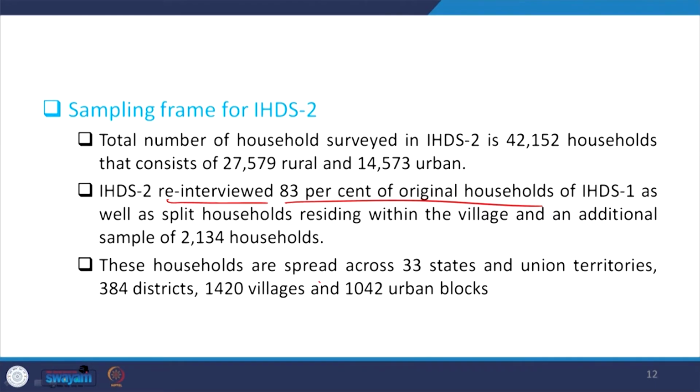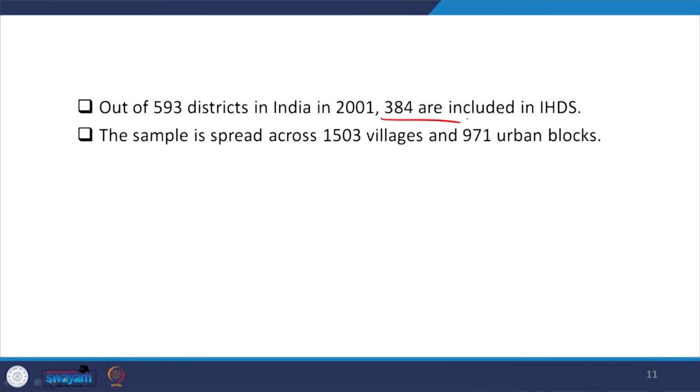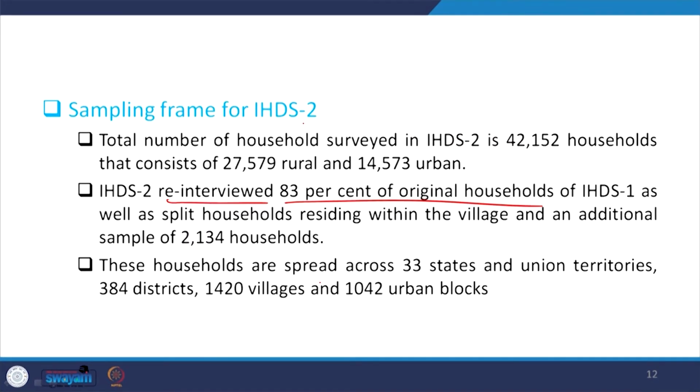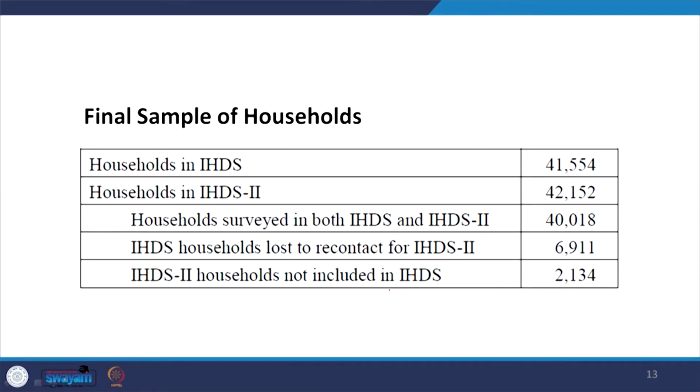In the first round it was 1,503 villages, now it is a little less, 1,420 villages, and 1,442 urban blocks, which is higher than the previous round, while the number of villages is lesser. Now, these are the final sample of households. Households in IHDS 1 were 41,554, as I have already said, in IHDS 2 it is 42,152, and households surveyed in both rounds, IHDS 1 and 2, were 40. This is very important for those who are interested in making a panel.